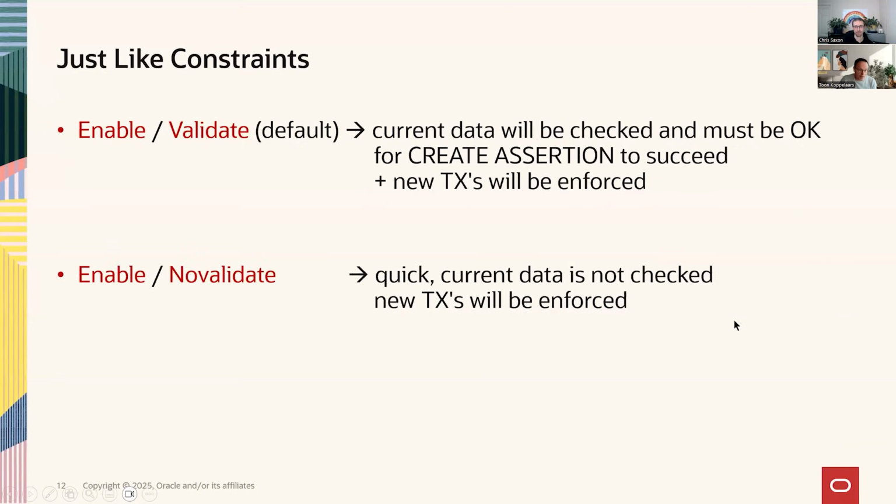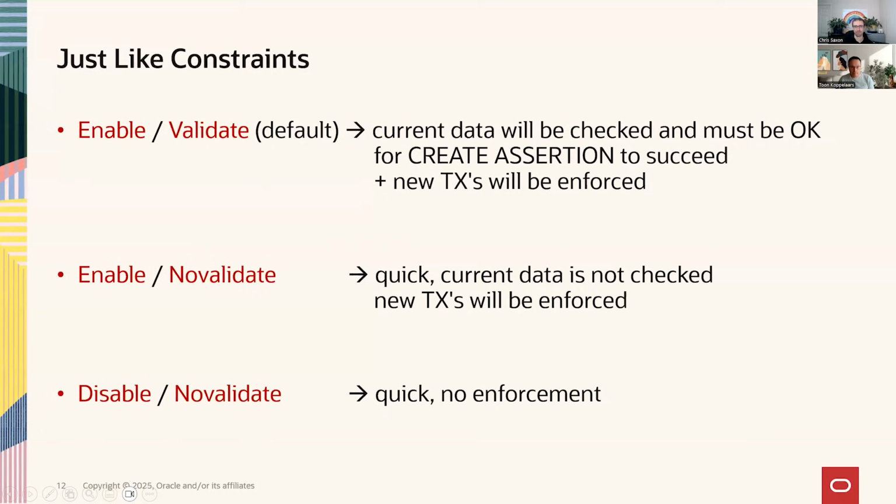You can also create them in enable no validate state, which would typically be a lot quicker if your tables already have a lot of data, because the current data is not checked, but new transactions will be enforced. And you can have disable no validate, which is basically just dropping the assertion in the data dictionary and otherwise nothing happens. Just like constraints.